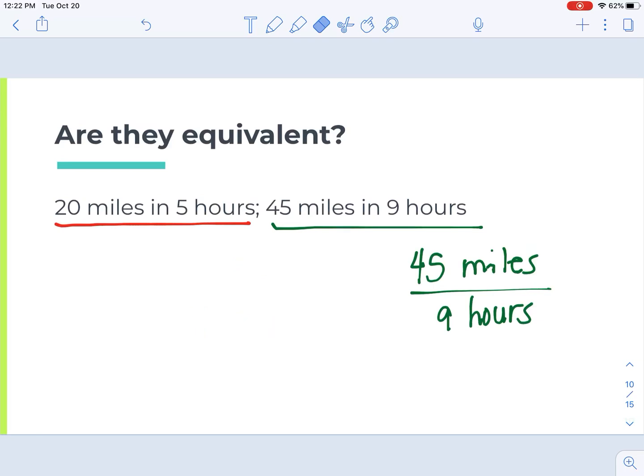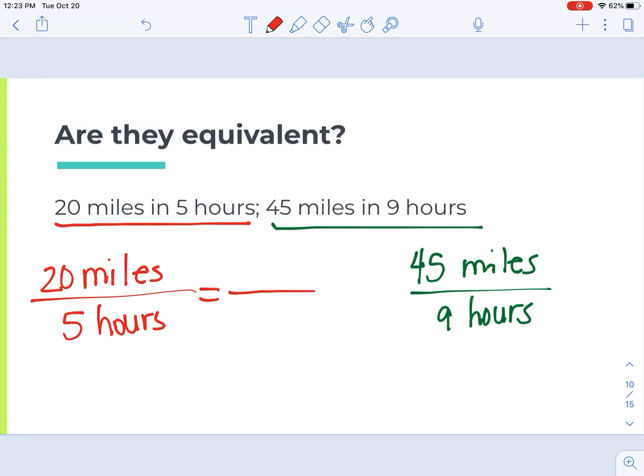So let's try the unit rate strategy, the other strategy we talked about. I'm going to write it over here a little bit so I have more space. All right, the first person is going 20 miles in 5 hours.